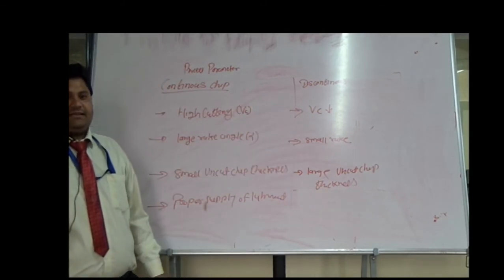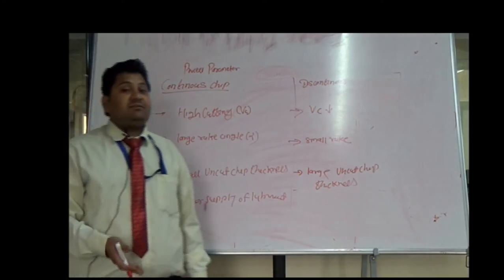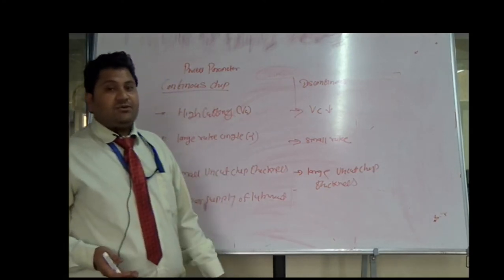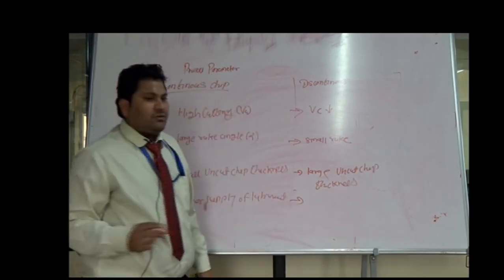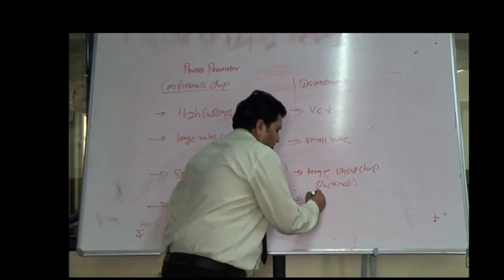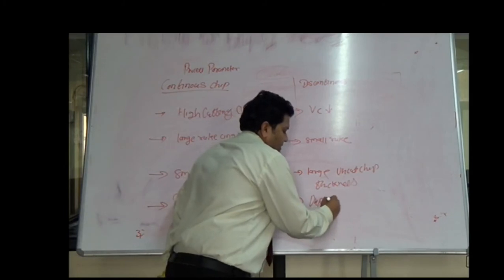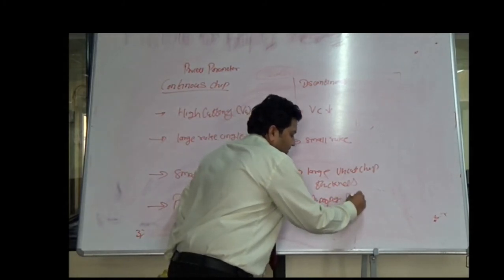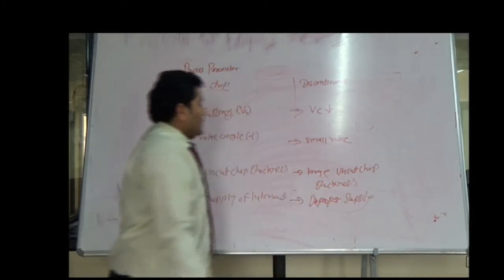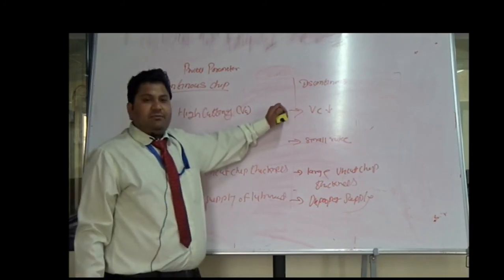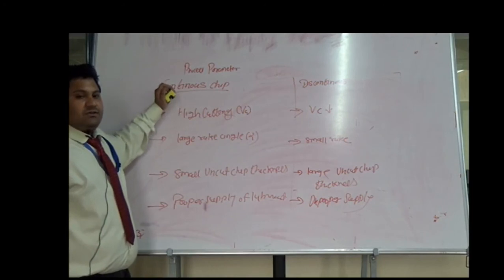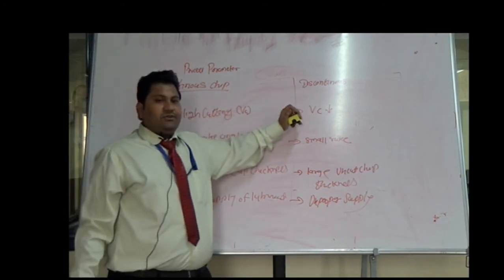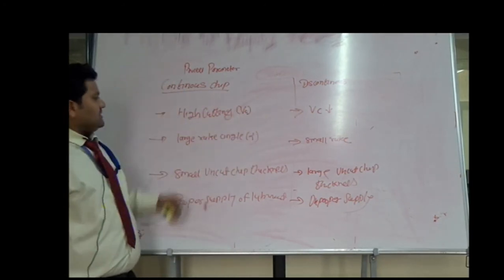Definitely if the temperature increases, you cannot provide a proper supply of lubricants to the machining, so the machining does not take place properly due to improper supply. So this is the process parameter set for discontinuous chips, and this is the set for continuous chips.